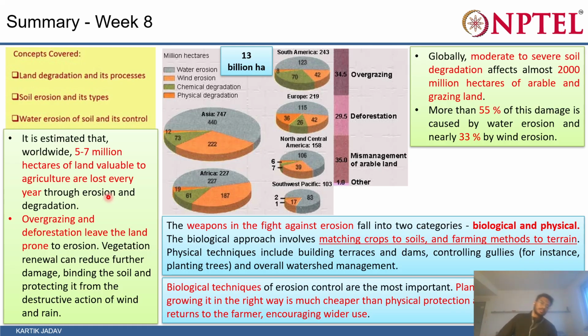That causes degradation, that causes erosion, and also suppose you have excess water and you have not designed sufficient drainage conditions, that leads to water loss.